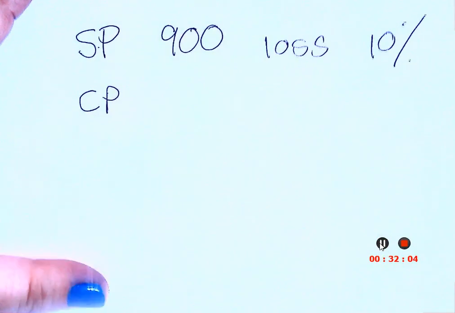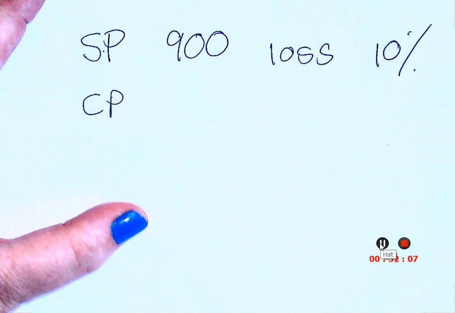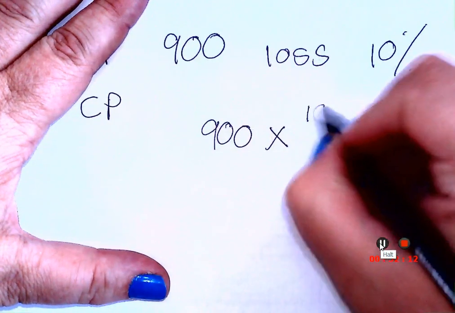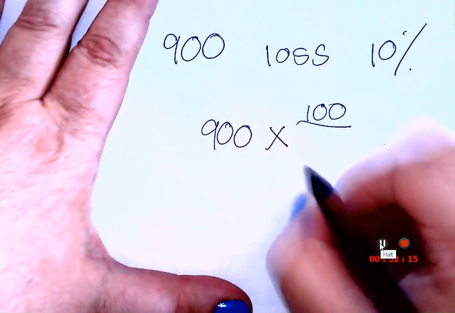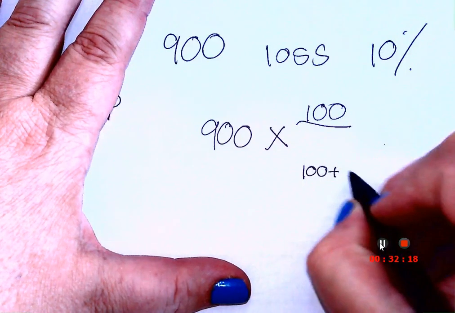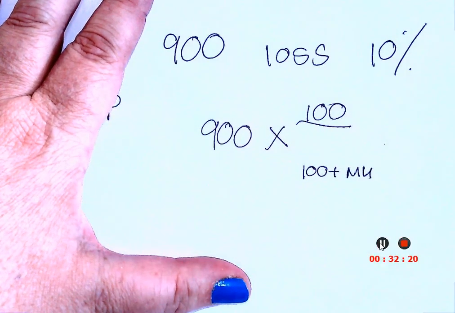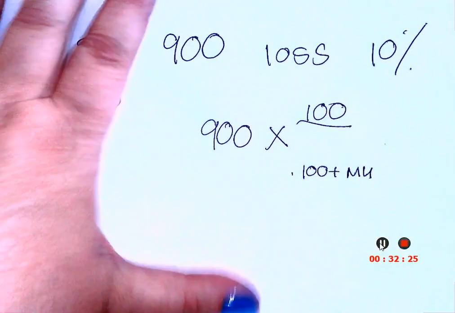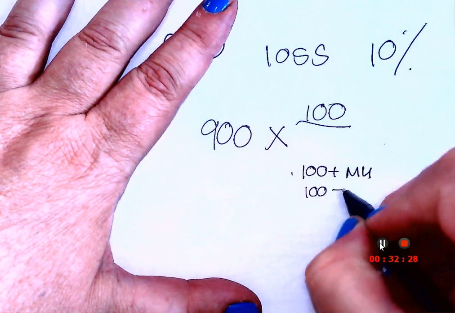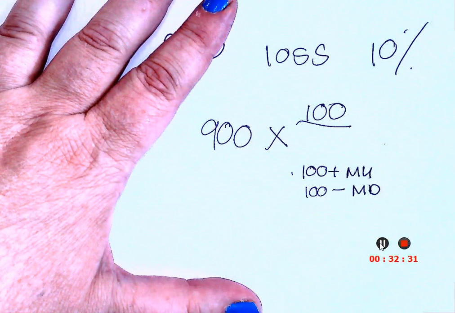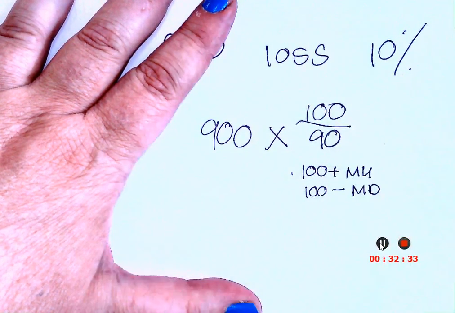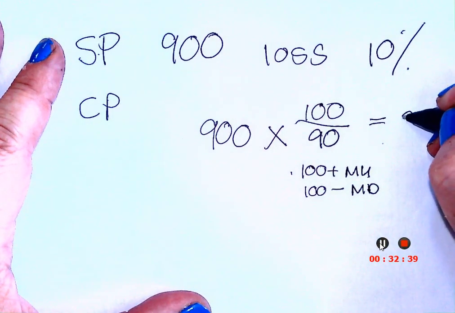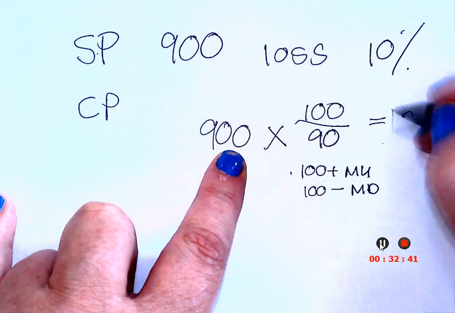Remember how we do it. I must say 900 times 100, and usually I would have said 100 plus the markup, but now I don't have a markup, I have a markdown. So I will say 100 less the markdown. So my cost price would be 1,000. I'm making 100 rand loss.